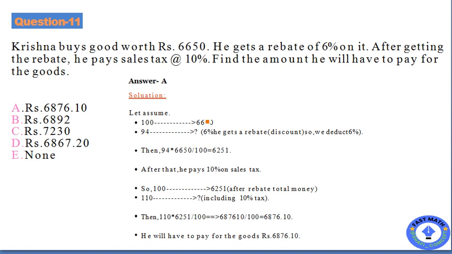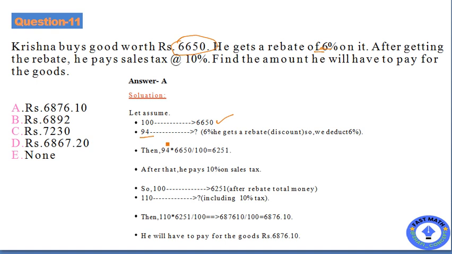If you consider it is 100, it is 6,650 rupees. Krishna buys goods of 6,650 rupees. He got a rebate of 6%. If you consider it as 100, with 6% rebate, 100 becomes 100 minus 6, nothing but 94.